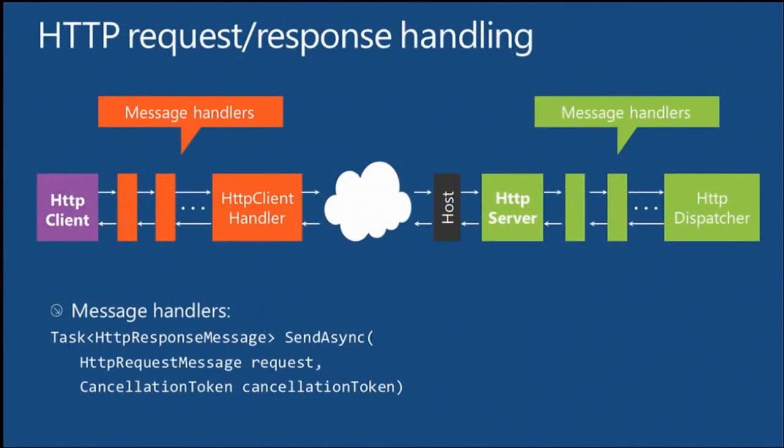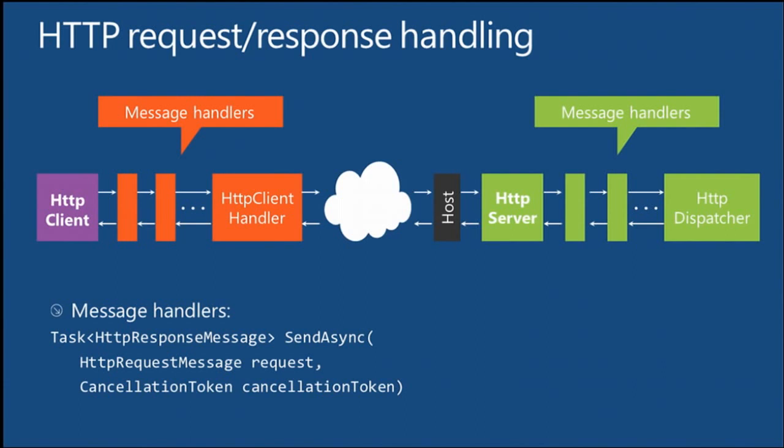All right, now what's happening below the dispatcher? Where do that request and response come from? How is HTTP handled at the lowest layers of Web API? At the bottom of Web API is really just a message handler chain. We have an HTTP pipeline, and the component in the HTTP pipeline is a message handler.